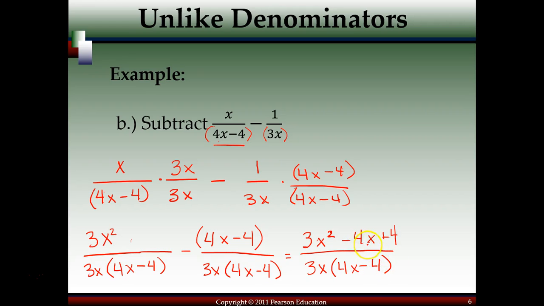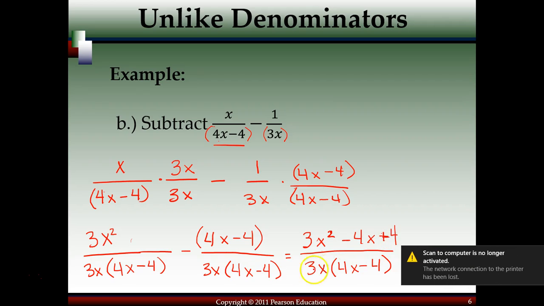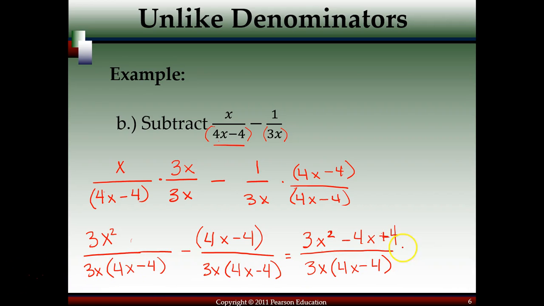And then the last step would be to see if this factors at all. I don't really think it does. Let me think about this. It actually does factor, but the factors aren't going to cancel out with anything in the denominator.